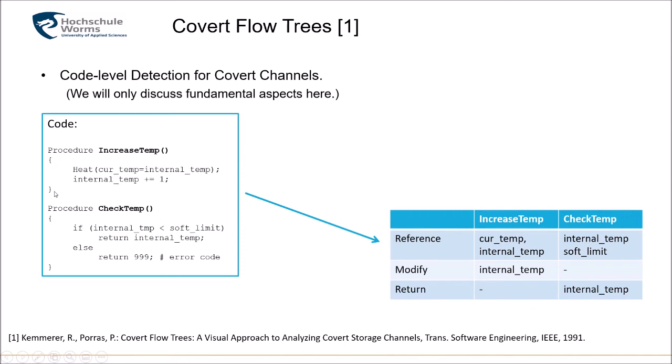It does not return anything. The check temperature procedure references internal temperature and the soft limit, and it modifies nothing, but it returns the value of internal temperature, at least under some condition. Otherwise, it returns 999.